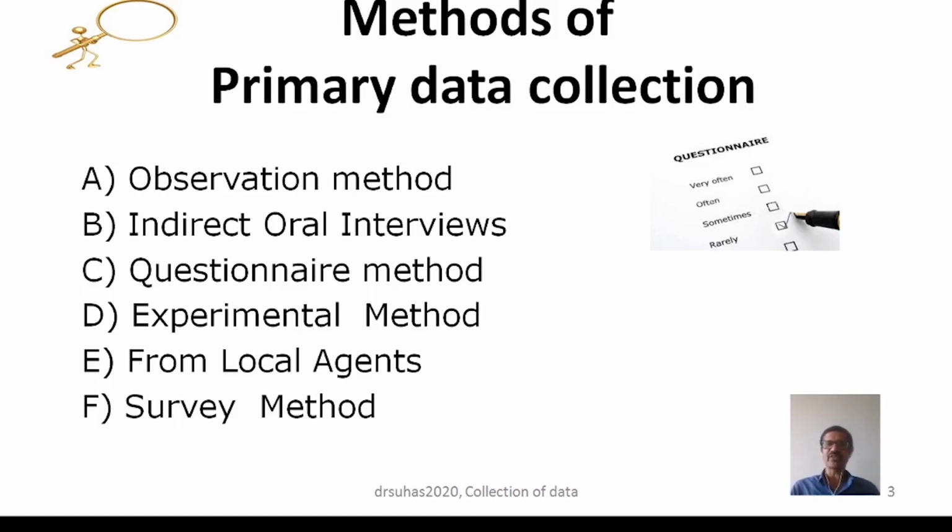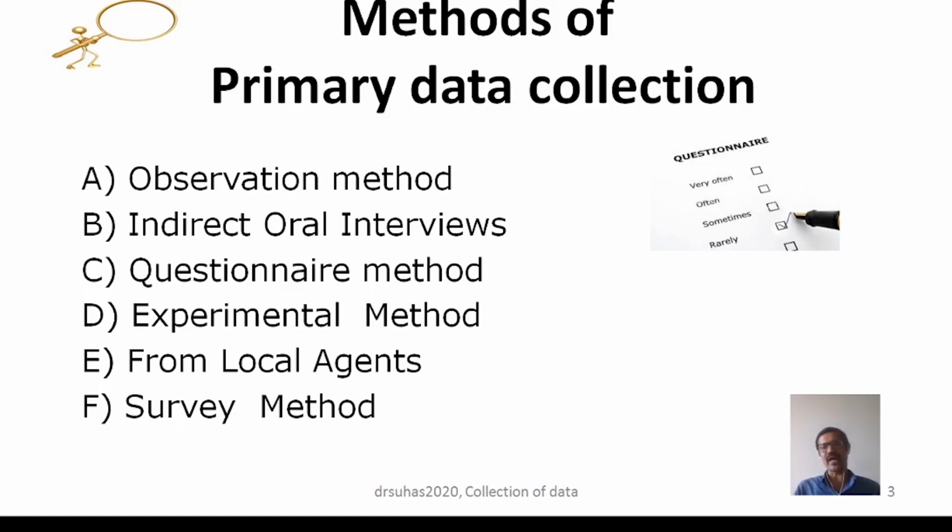And then we have the questionnaire method, the experimental method, the information that are collected from the local agents, and the survey method. So, these are some of the important methods that can be used for primary data collection.